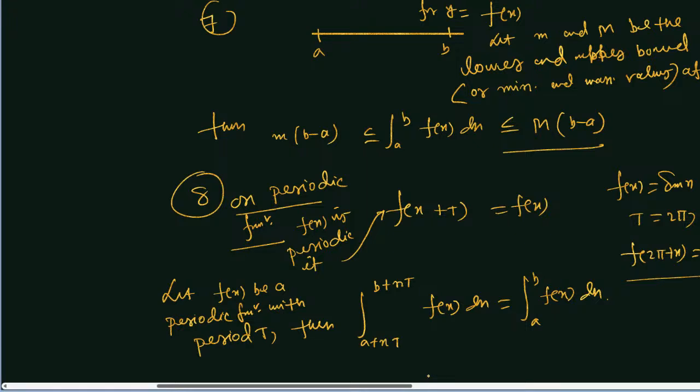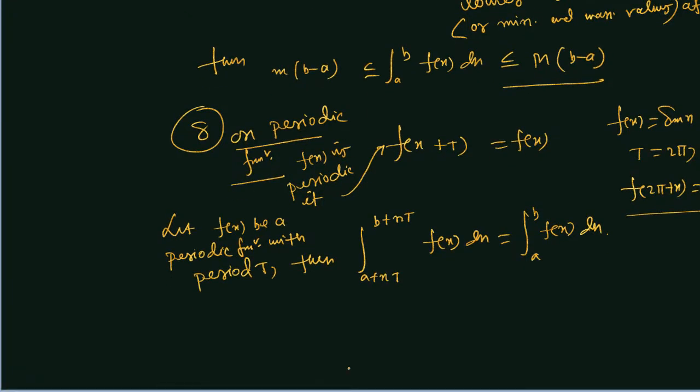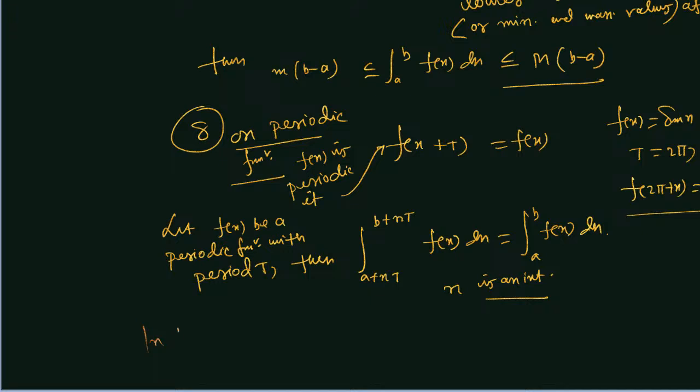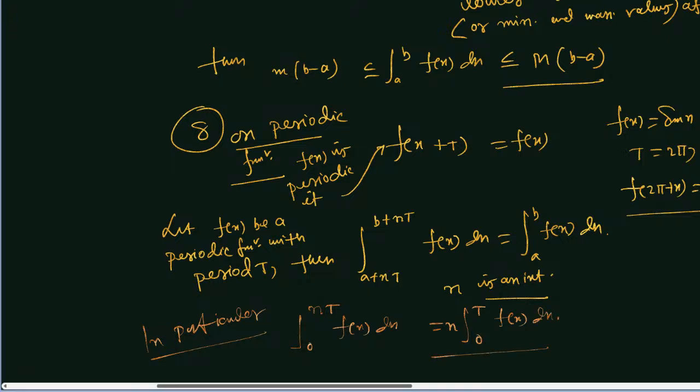This n must be an integer. In particular, you can write this: integral 0 to nT f(x) dx equal to n into integral 0 to T f(x) dx. Here, understood?